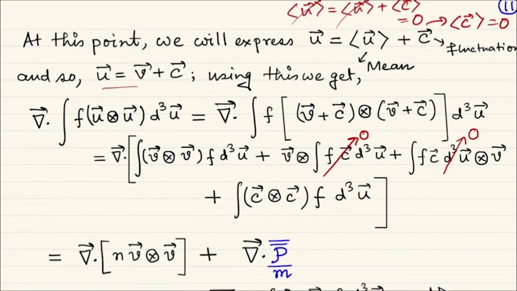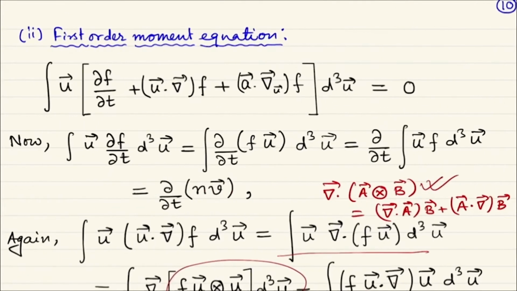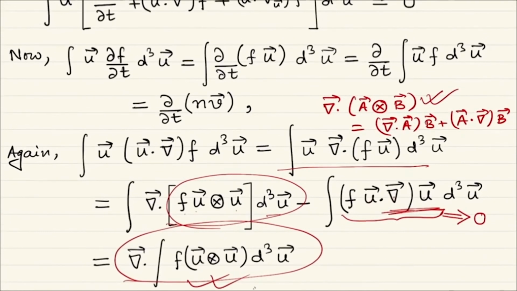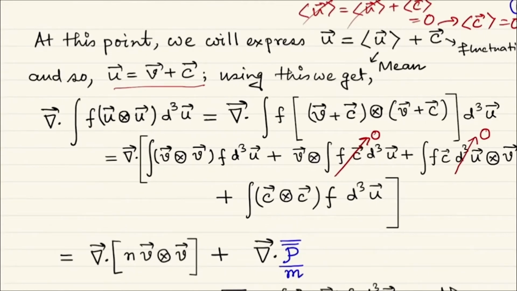Now if we write in this way, this term where we ended will be written as the divergence of the integral of f u tensorial u in u space. Every u can be written in terms of V and C, and then by doing the tensorial product you will have 4 terms. The first term will include V and V. The 2 terms will be a mixture of C and V, where you can show that both terms vanish because of the simple consideration that the statistical average of the fluctuations vanishes.